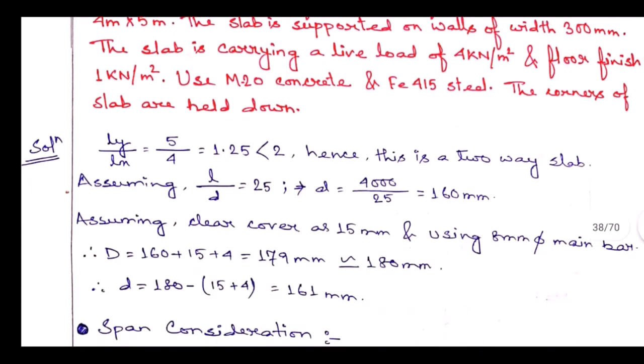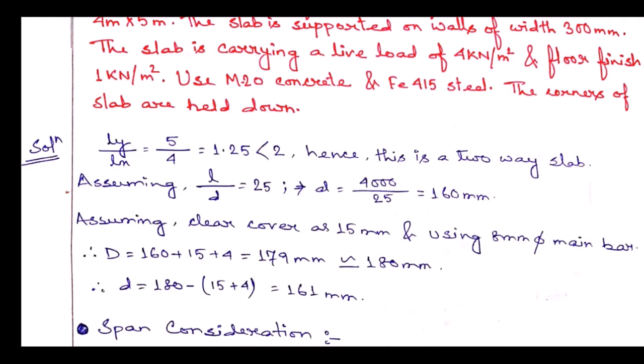Now assuming clear cover as 15 mm and using 8 mm dia main bar, overall depth will be effective depth as per assumption, that is 160, plus clear cover, that is 15, plus half the diameter of main reinforcement bar, that is 4.